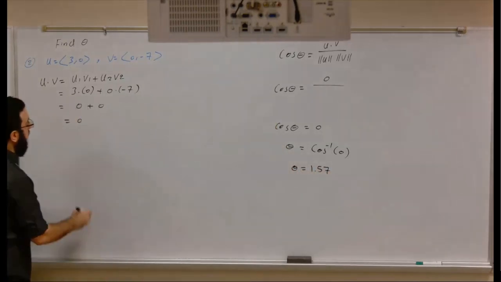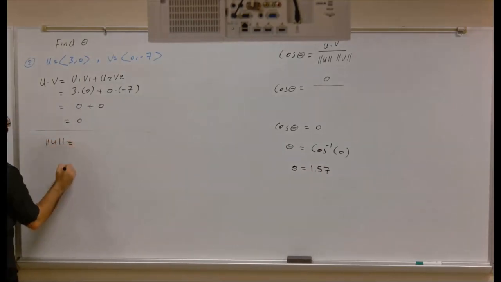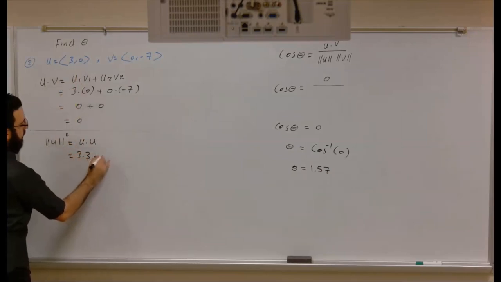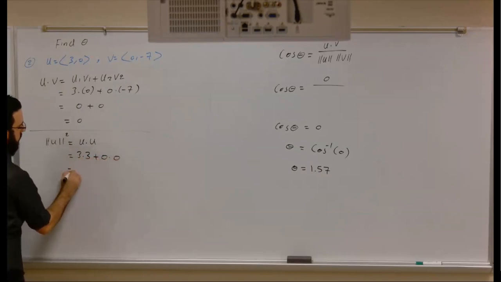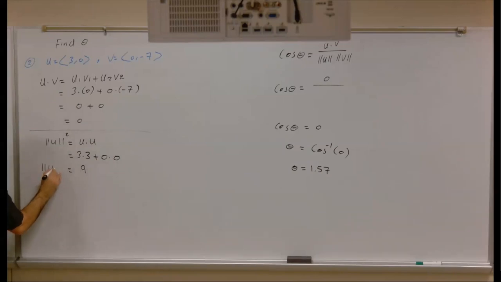And if you want to find the length of u, you can say the length of u squared is equal to, I'm going to use the dot product, u times u. That means 3 times 3 plus 0 times 0, so it's going to be 9. The length of u squared is 9, so taking the square root of both sides, the length of u is going to be 3.